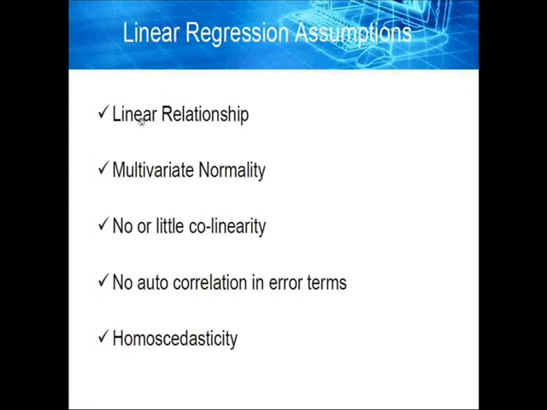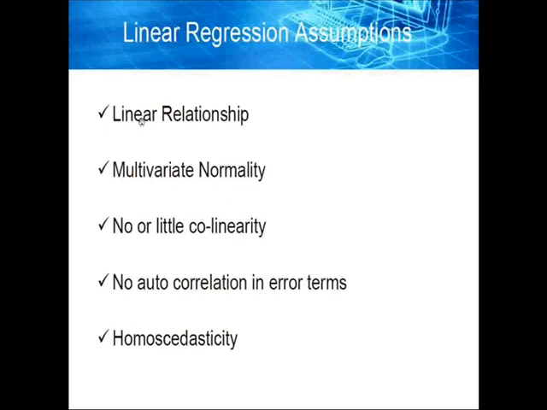The relationship between the dependent variable and independent variables should be linear, so that the graphical representation is in linear form. Then multivariate normality. All independent variables should be normally distributed, so that the calculation of error is easy and prediction is maximum.